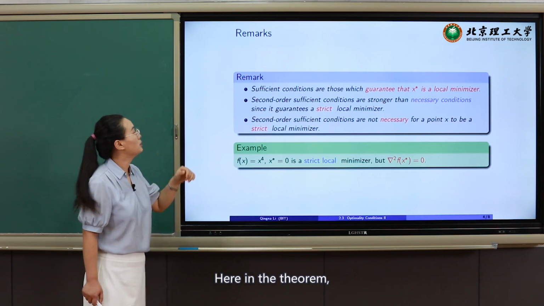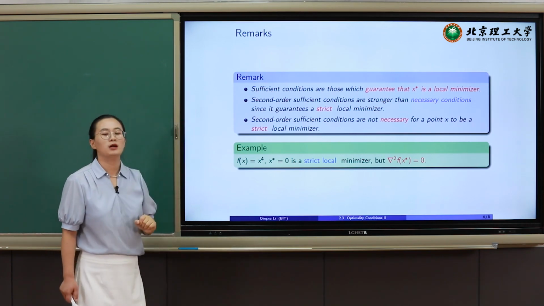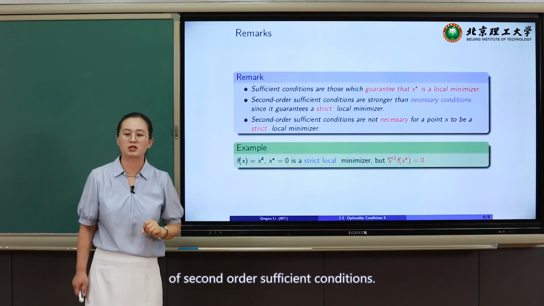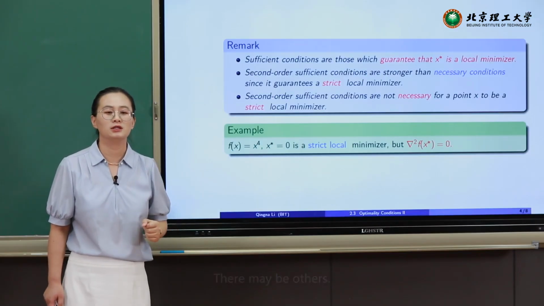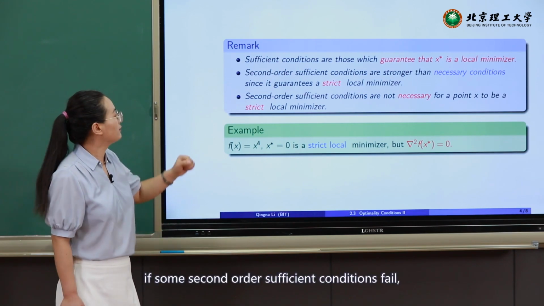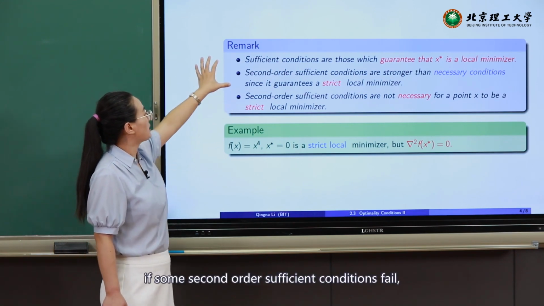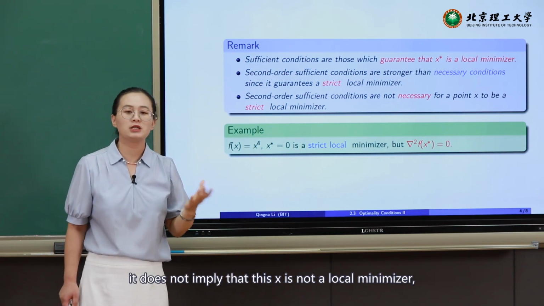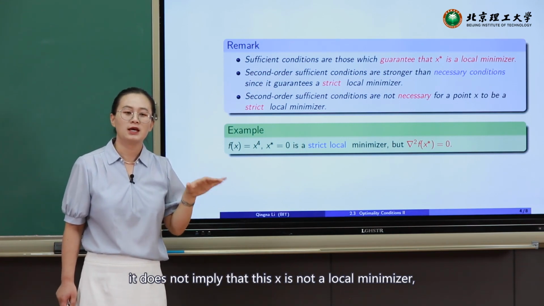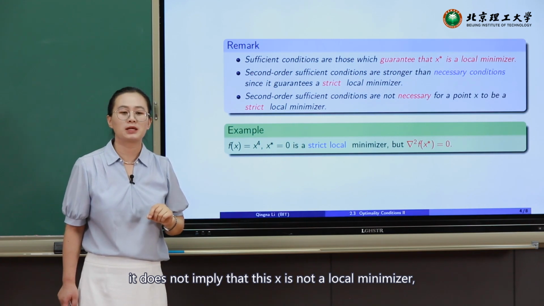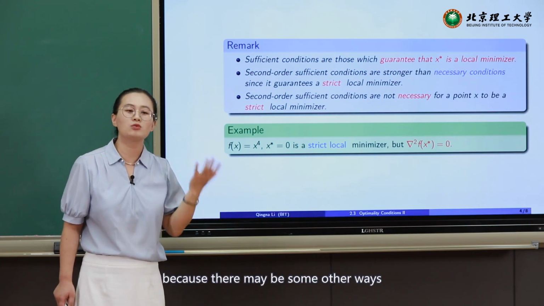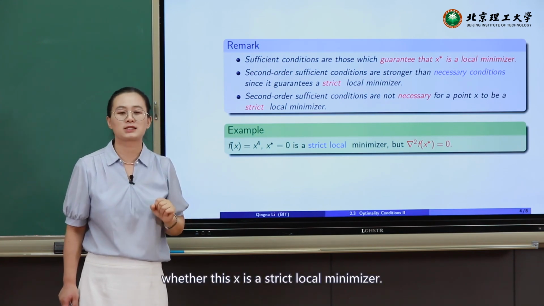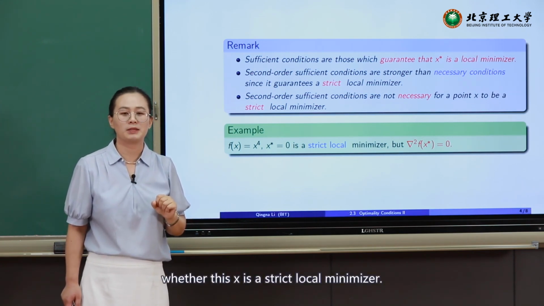Here in the theorem, we only introduce one way. There may be others. In other words, if some second order sufficient condition fails, it does not imply that this x is not a local minimizer, because there may be other ways to check or prove whether this x is a strict local minimizer.